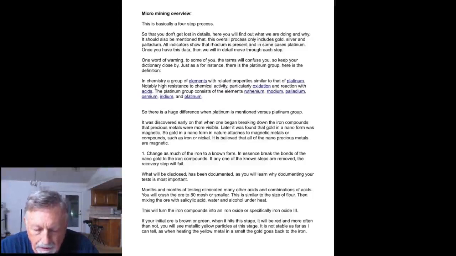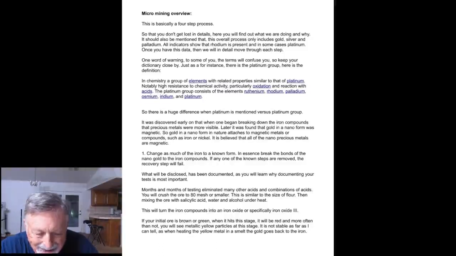One word of warning. To some of you, the terms will confuse you, so keep your dictionary close by. Just for an instance, there is the platinum group. Here is the definition. In chemistry, a group of elements with related properties similar to that of platinum, notably high resistance to chemical activity, particularly oxidation and reaction with acids.